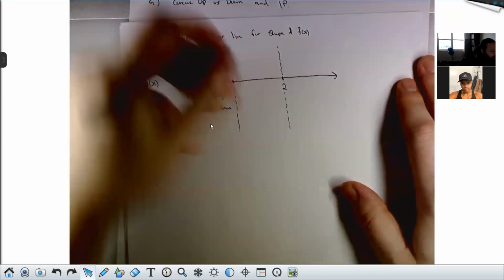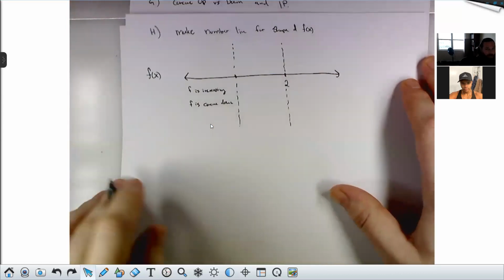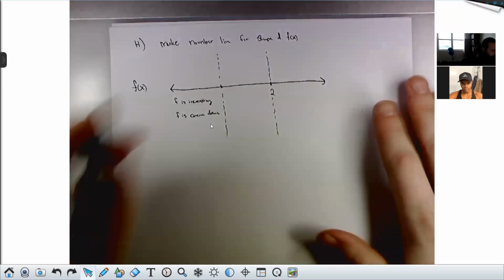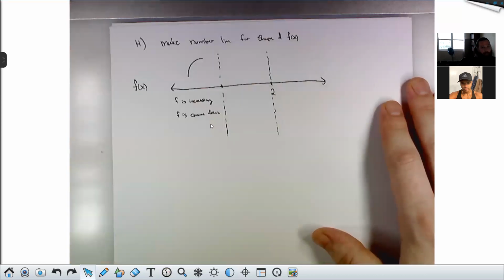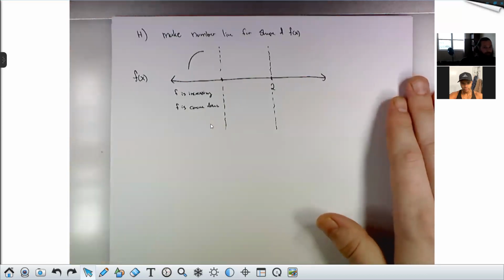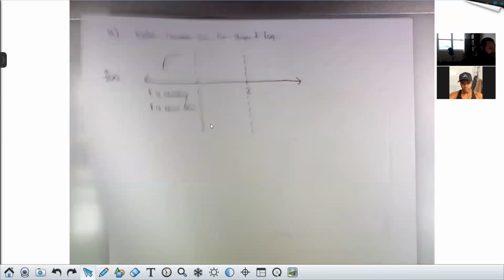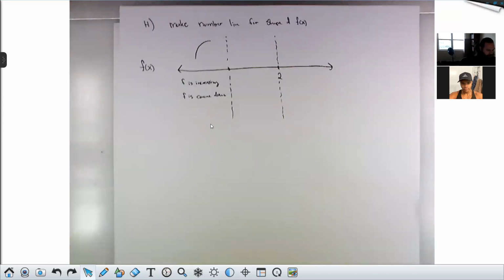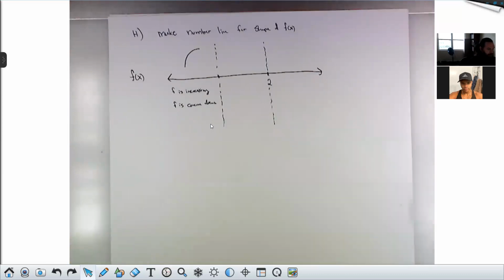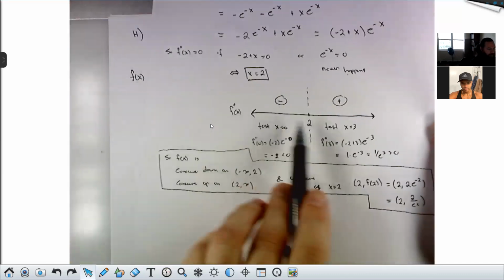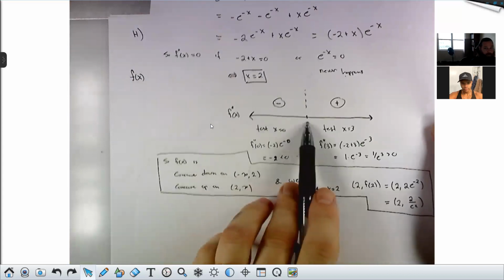So if I'm increasing and concave down, that means the shape of my graph there is like this. What about between 1 and 2? Well, all the way up to 2, I'm concave down.